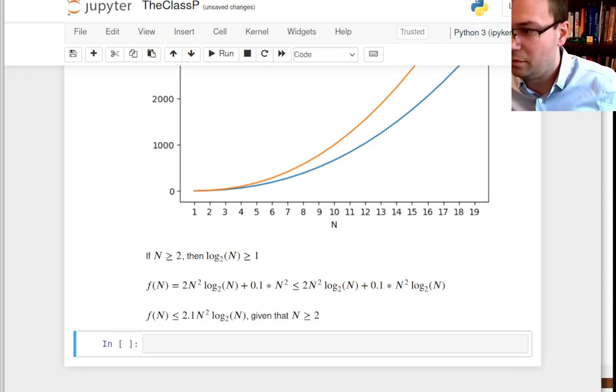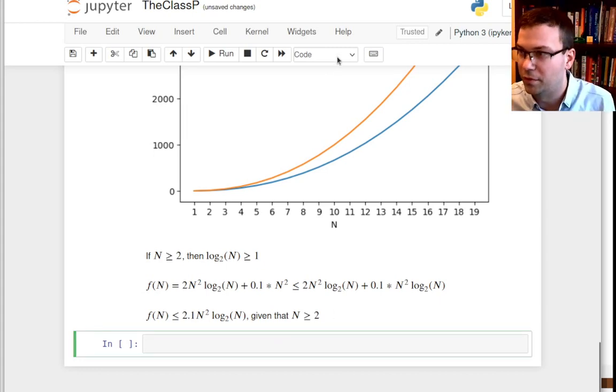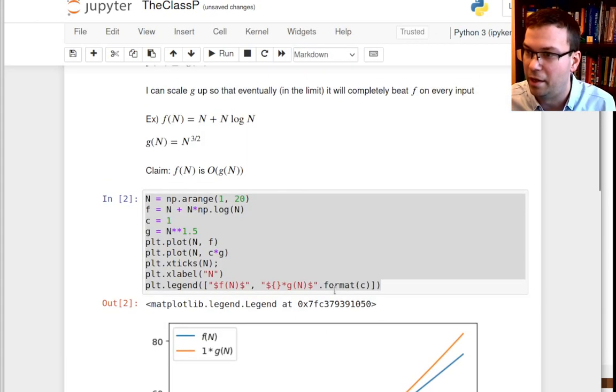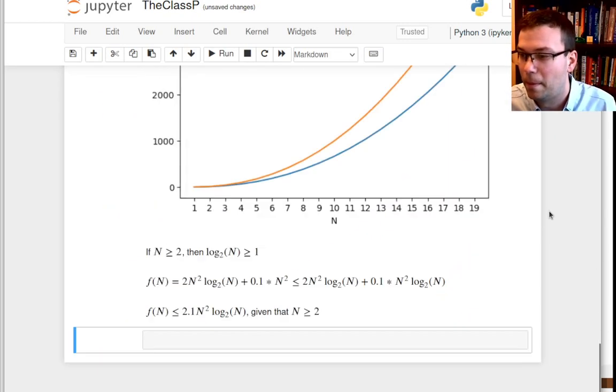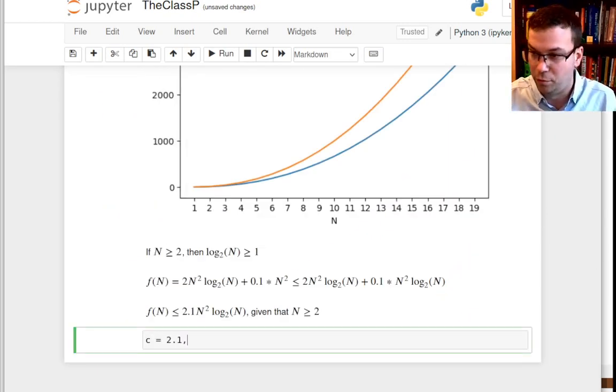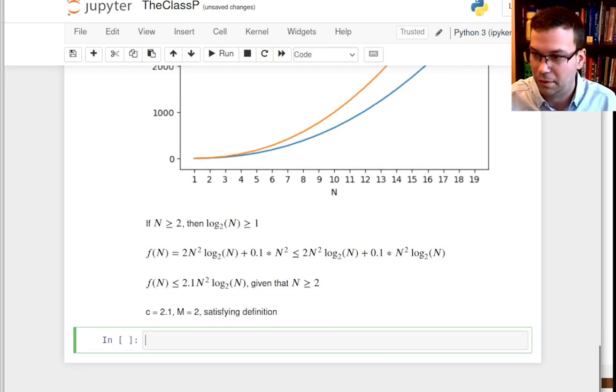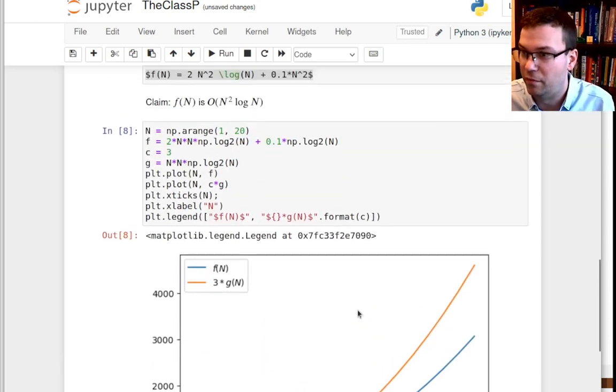So that's great. What I found, in other words, if I go back to my definition, is a constant, 2.1, and then another constant, m. So c is equal to 2.1 and m is equal to 2, satisfying the definition. So actually, let me go up and see if that's true.